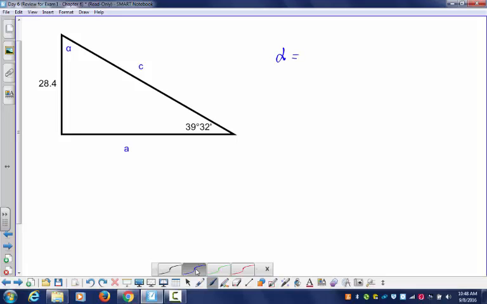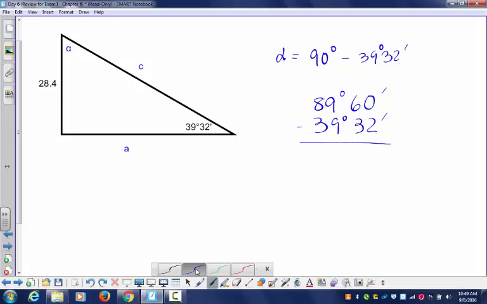So alpha is going to be 90 degrees minus 39 degrees, 32 minutes. We just have to do that subtraction. Usually, I find it easiest if you stack these and borrow from the degrees to create some minutes. 60 minutes is 1 degree, so we can take 1 degree away from 90, leaving 89, and turn that degree into a bunch of minutes.